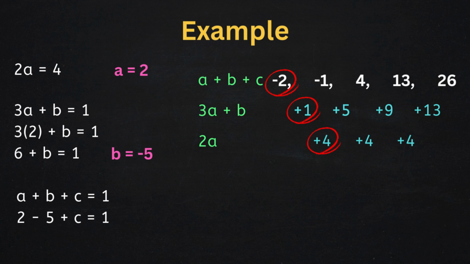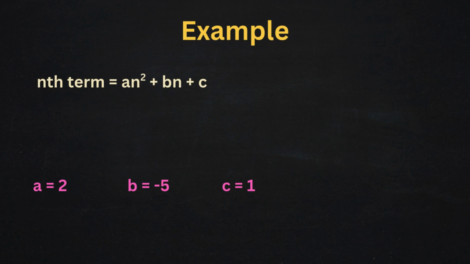We plug in the values of a and b, which gives us 2 minus 5 plus c equals -2, and finally, c equals 1. The nth term is equal to an squared plus bn plus c. We have a equals 2, b equals -5, c equals 1. So the nth term equals 2n squared minus 5n plus 1.